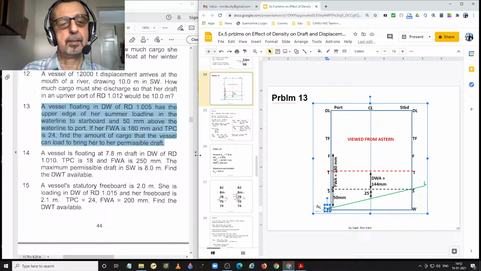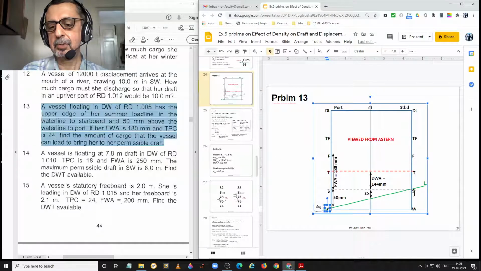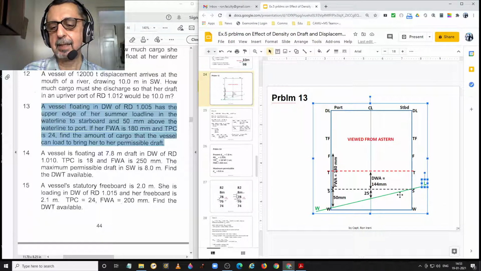So, coming back to the problem, it tells us that the upper edge of the summer load line is on the water line to starboard. So you see the S over here on the starboard side, summer, and the upper edge of that load line is on the water line.